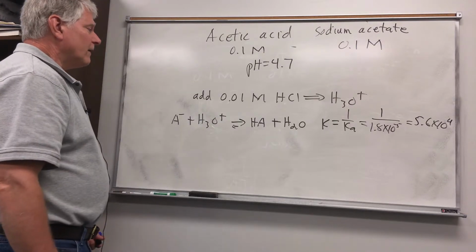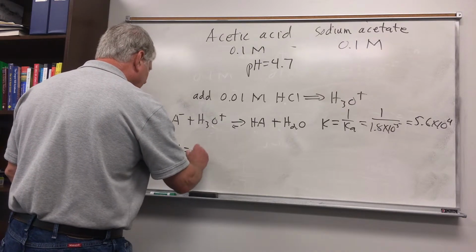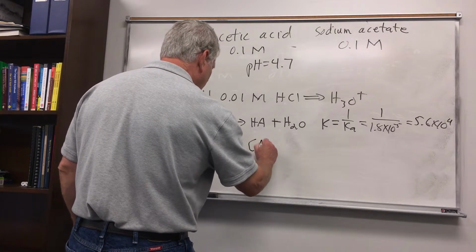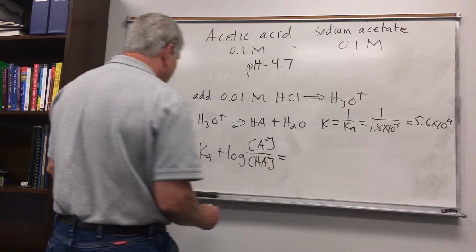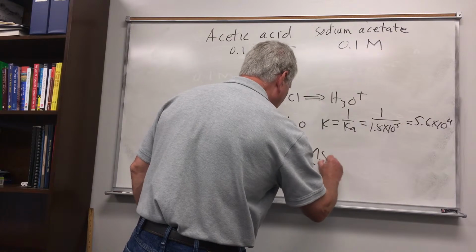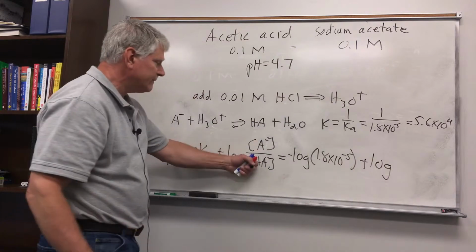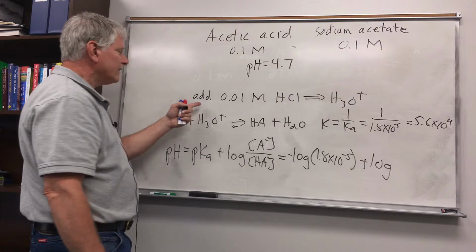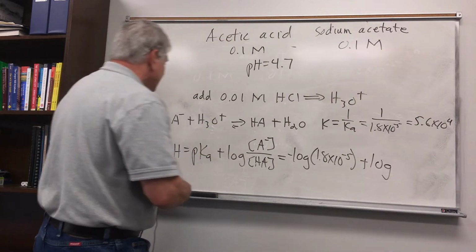So now let's find out what the pH would be. So we use the Henderson Hasselbalch equation again. So we have pKa, negative log of 1.8 times 10 to the minus fifth, plus the log of this ratio now. Now this ratio is a little different from the initial amounts because when I added strong acid, I changed the amounts.